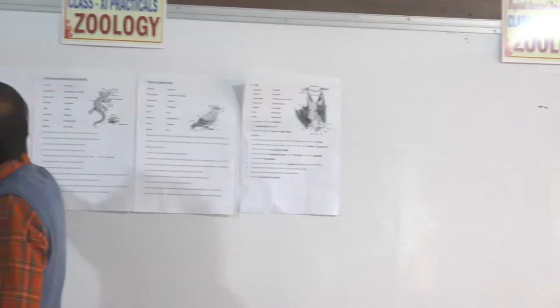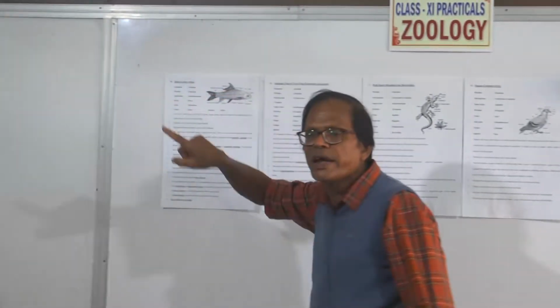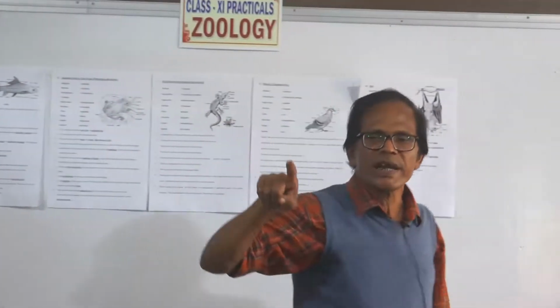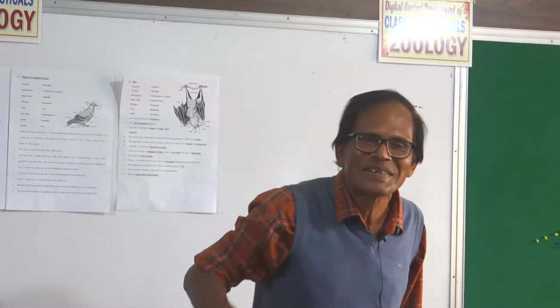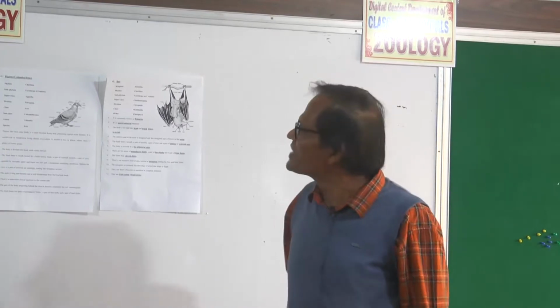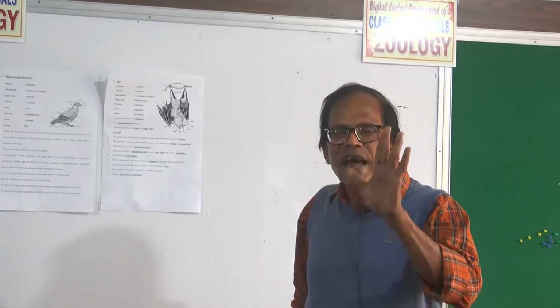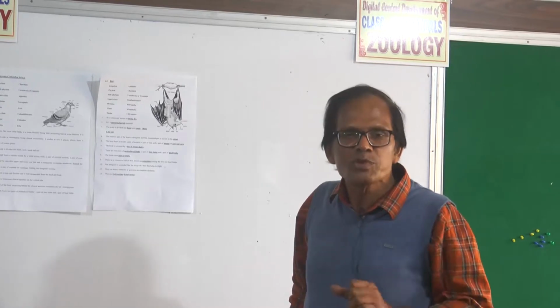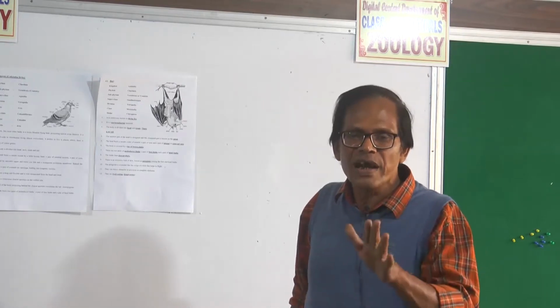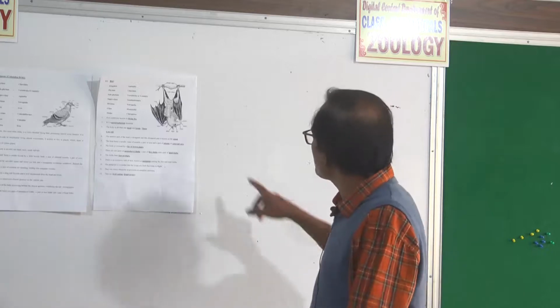Like the feather, the hairs and the scales, they all originate or are derived from the dermis. Remember, the scales, the structures that can grow in size with the lapse of time, are derived from the dermis.